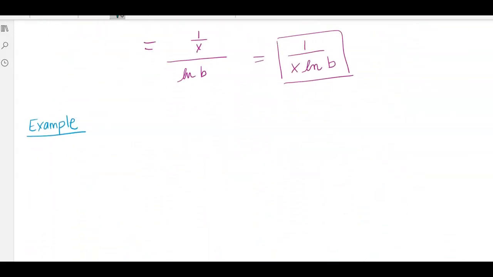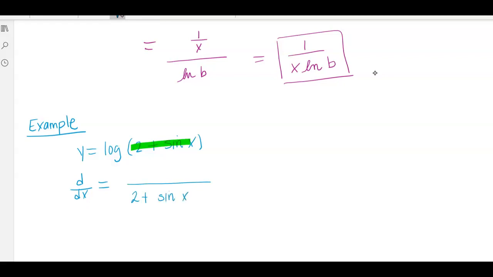So let's let y equal log of 2 plus sine of x. So the derivative is we take the function that we see and we write it in the denominator, 2 plus sine of x.